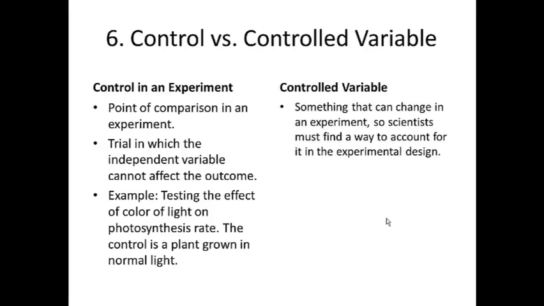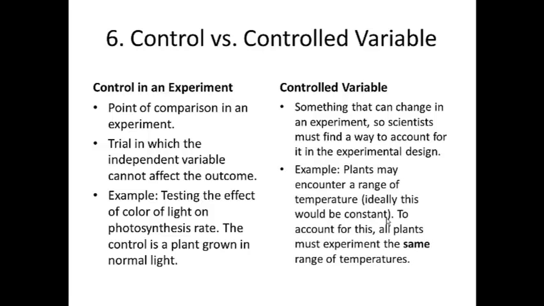A controlled variable is something that can change in an experiment, so scientists have to account for that. So for example, the plants might encounter a range of temperature. Ideally, I would have my temperature always be constant, and I would pick room temperature, 72 degrees Fahrenheit, and that would be constant. But I can't always do that in an experiment.